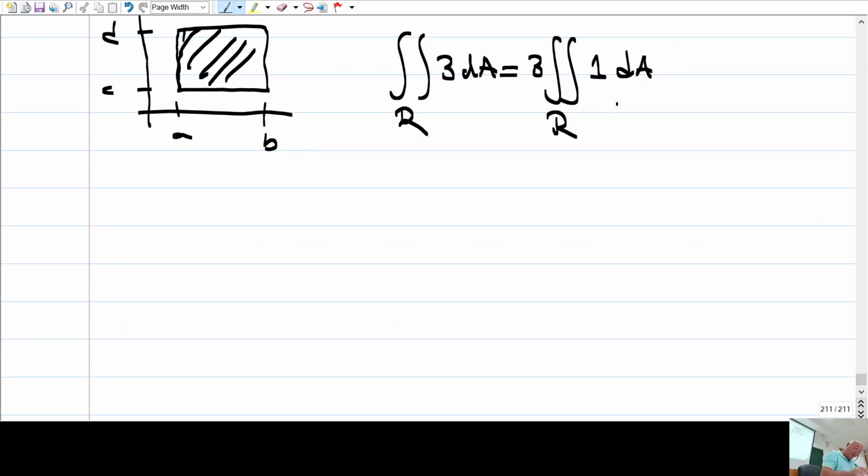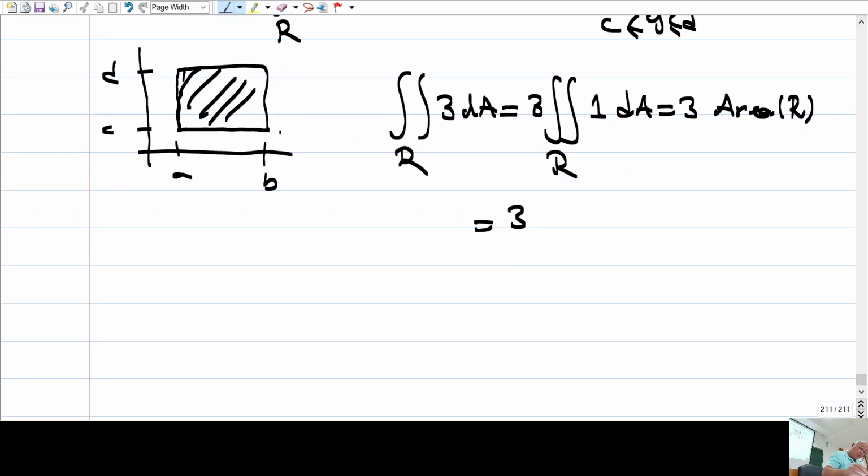So this is 3 times the area of the region R. And what is that area? R is just this rectangular region, and its area is just the product of its sides. So it is b minus a times d minus c. So this integral is easy to compute.